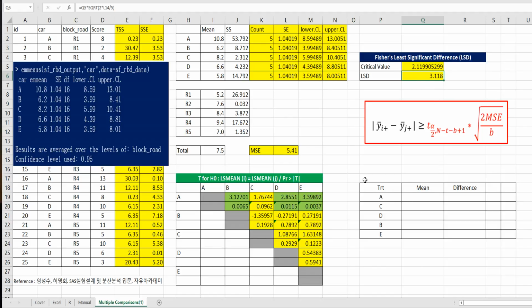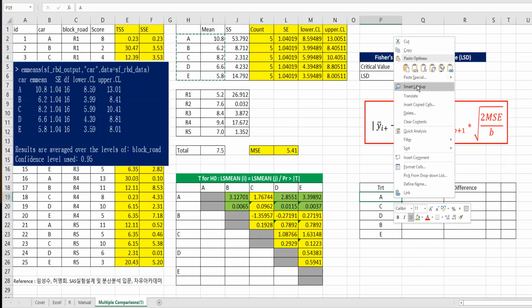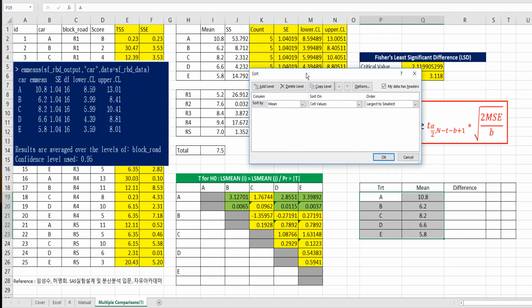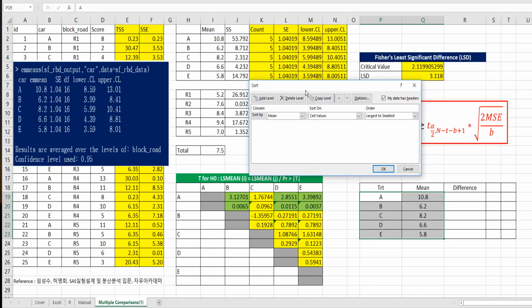So again, let's sort the means from largest to smallest. We can use the Sort function in Excel. If you click the Data tab, you can see the Sort function. We want to sort data by mean from largest to smallest.